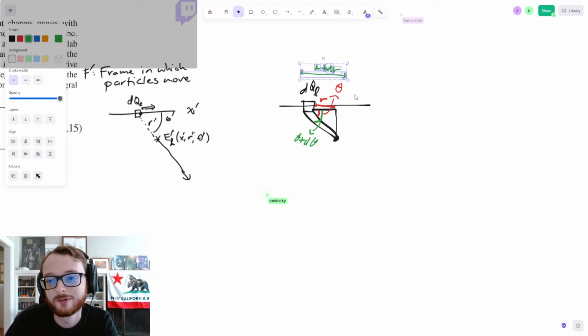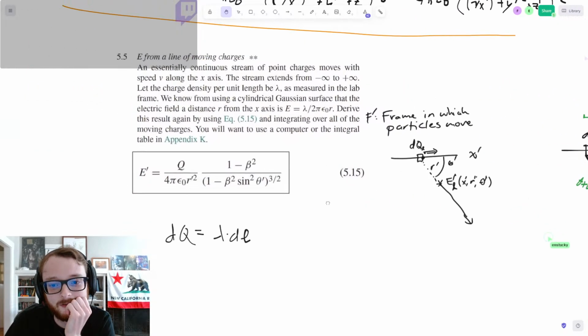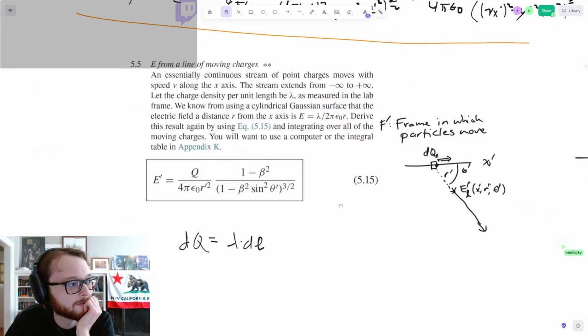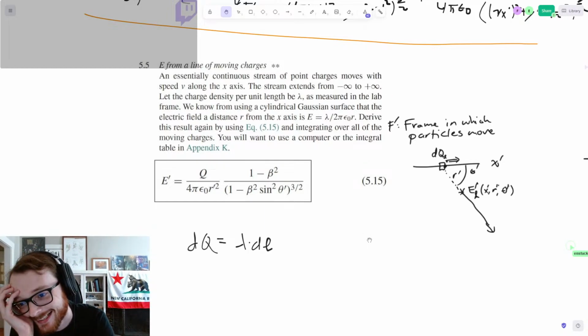I always thought of that as r for radius, because it's like a circle around the wire. Shouldn't it be r prime, the distance from the dq charge that we're interested in, not just the closest distance? Well, yeah, there's two different r's, right?